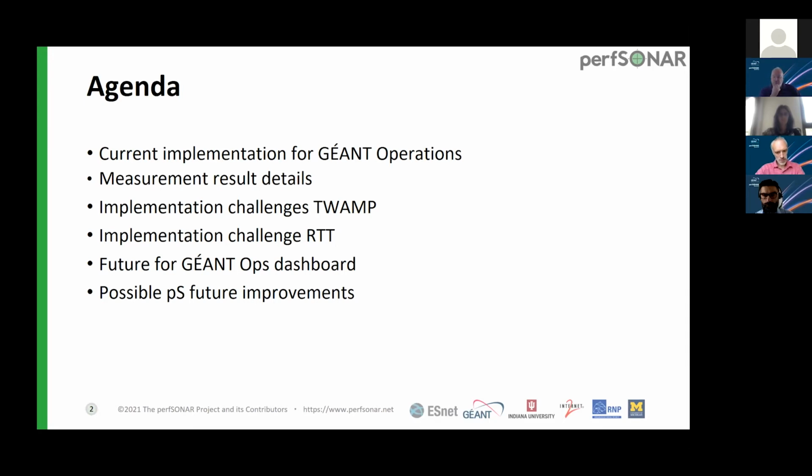I'll talk about the implementation challenges I had with TWAMP, and also with RTT tests. Also, we will present the plans for the future GÉANT Operations dashboard, and some personal observations and possibly thoughts on the perfSONAR future improvements.